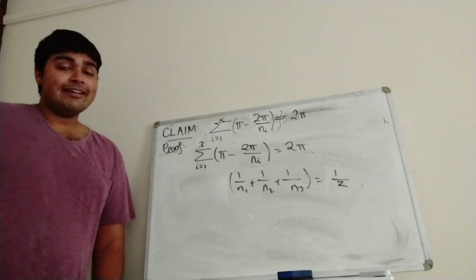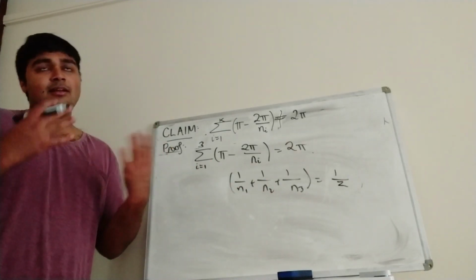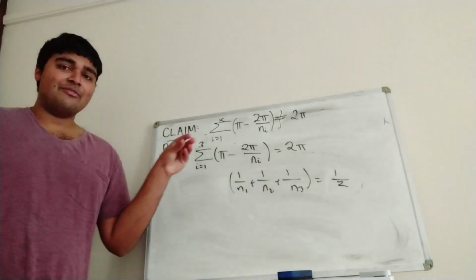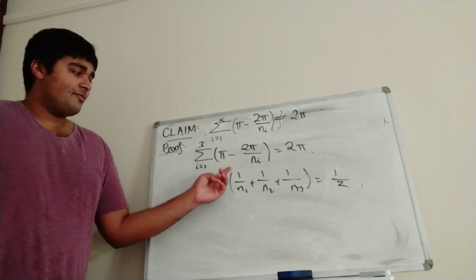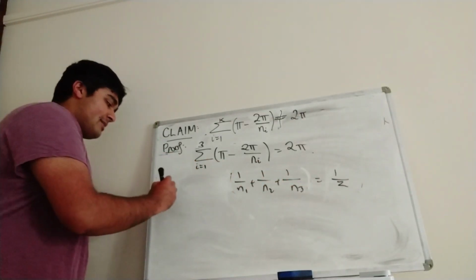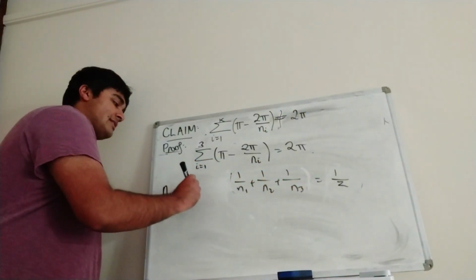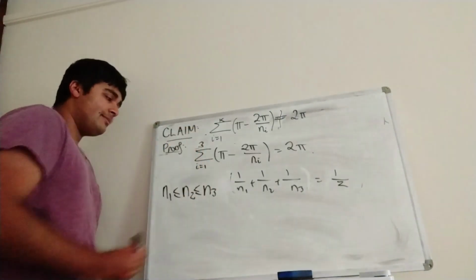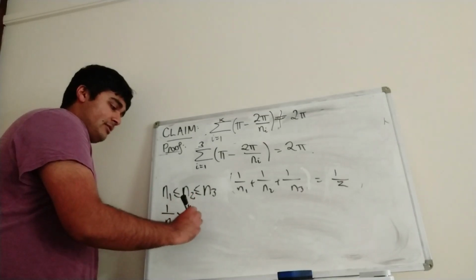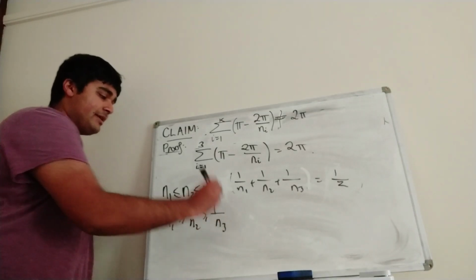Now remember, these ni's are the number of sides of the n-gons. They are the n-gons that surround the vertex v. So firstly, we can assume without loss of generality that these are in increasing order. So n1 is less than or equal to n2 is less than or equal to n3. But then of course that means that 1 over n1 is bigger than or equal to 1 over n2 is bigger than or equal to 1 over n3.